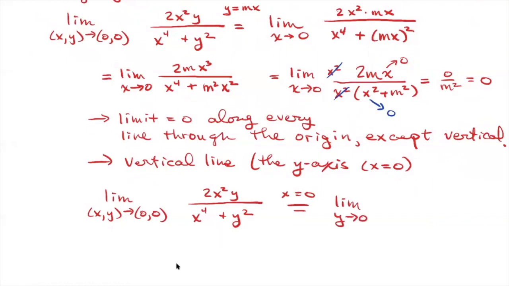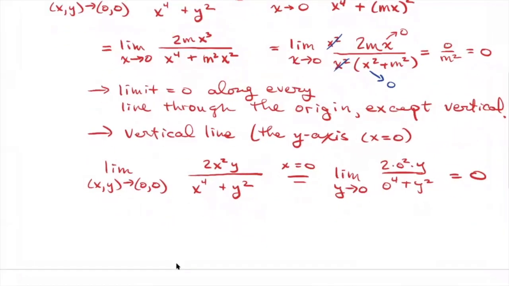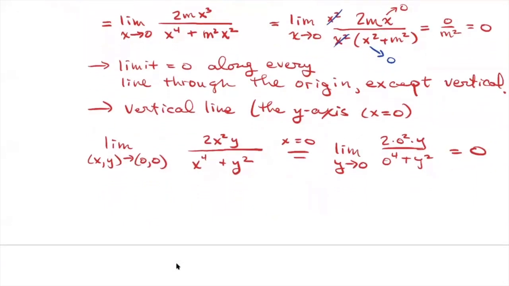Both variables need to go to 0, so x is already 0. And of course, you're going to have 2 times 0 squared times y over 0 to the 4th plus y squared. And of course, that's just going to be 0. So the limit is 0 as we approach the origin from any direction, as long as you're approaching along a line.